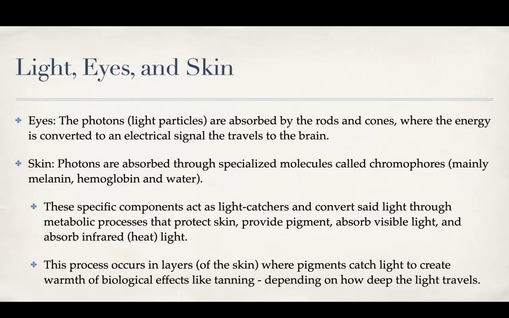Maybe you get a little warmer. Maybe there are actual effects like tanning. Maybe you're out in the sun for too long and now we have a sunburn, right? So depending on time, quality of light, and where that light hits, there are a lot of different factors. But ultimately, your skin is going to absorb it through those three layers.